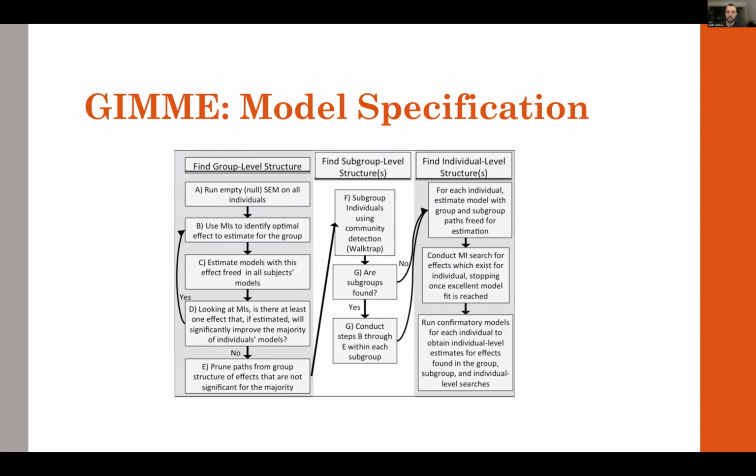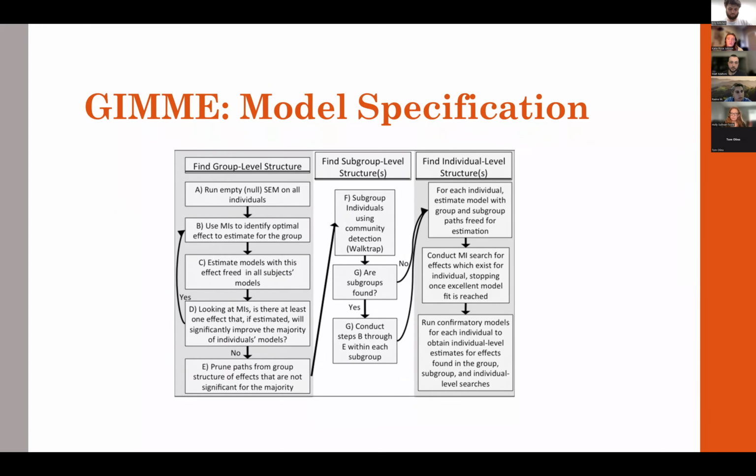So if we add a path on for a certain individual, we estimate this relationship, would the model fit for that individual improve? So what GIMME is really testing is if we have a path, let's say from X to Y, would that improve significantly the model fit for at least 75% of individuals? If so, what's added on? That's at the group level. And then finally, at the individual level, we're only thinking about that single person. Would this improve the model fit for the single person? If so, cool, let's add it on.